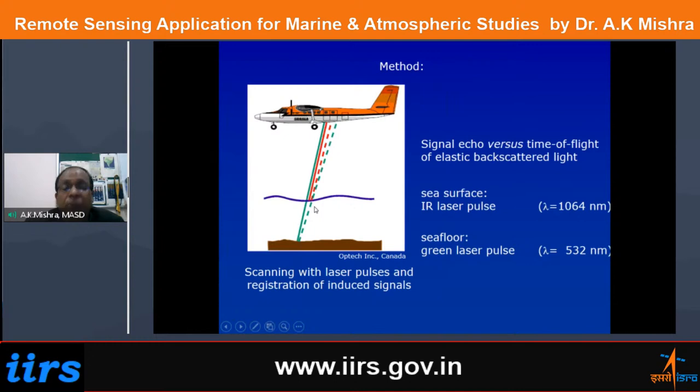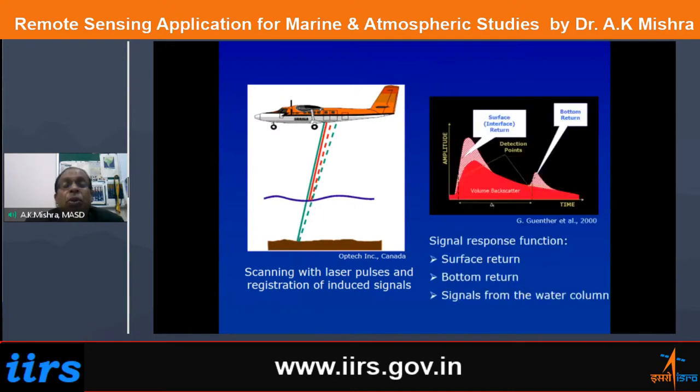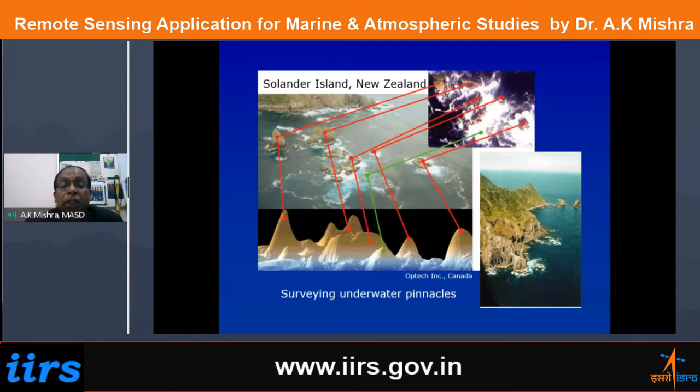So the difference between these two will give you the information about the bathymetry. In the aircraft, you can have the two sensors and find out the bottom reflectance and surface reflectance, and the difference will give you the bathymetry information.